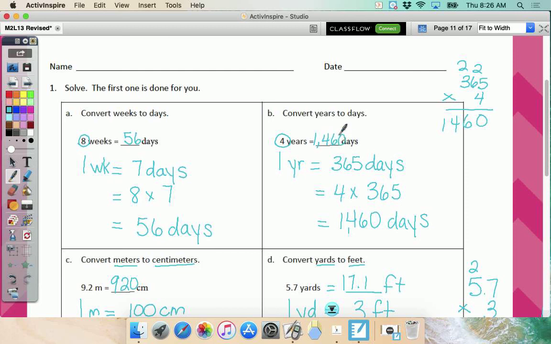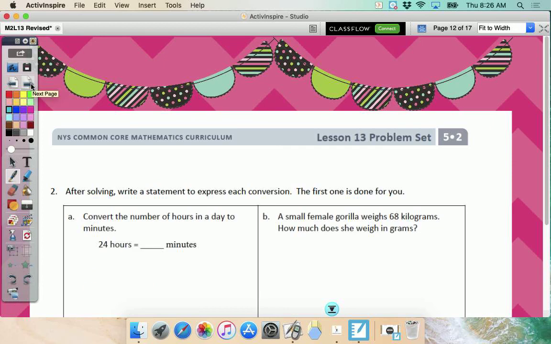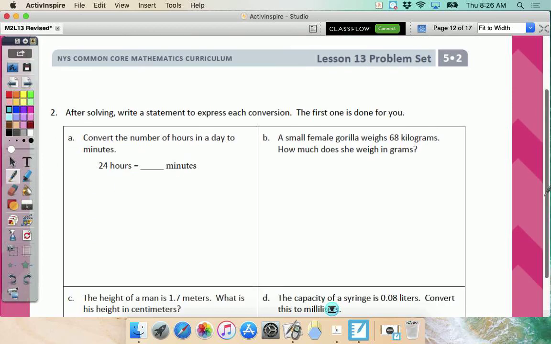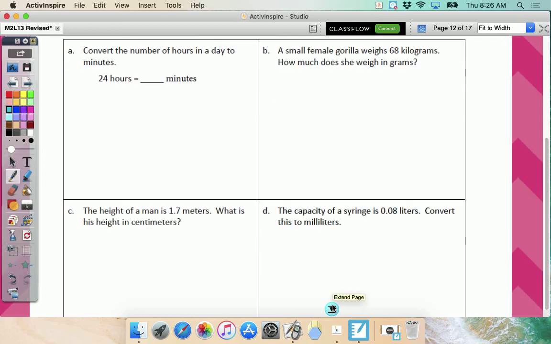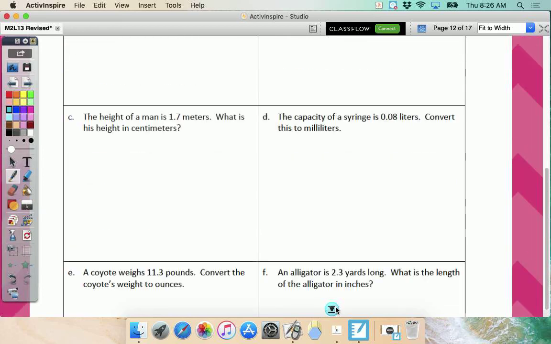Okay. Let's look at the next page. So we're going to do kilograms to grams again, hours in a day, or minutes, hours to minutes, liters to milliliters. Let's do D together. Some of these I'm going to have you do with a partner.